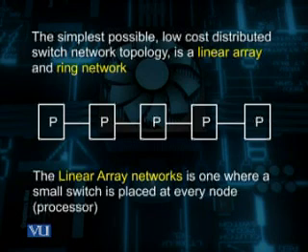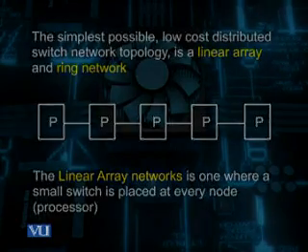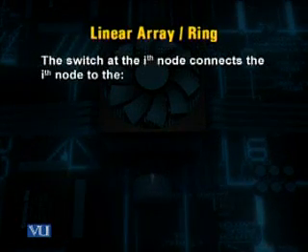A linear array is shown here in this diagram, where you can see that a small switch is placed with each processor, or at each node, and this switch facilitates the connection between the nearest node and the current node.